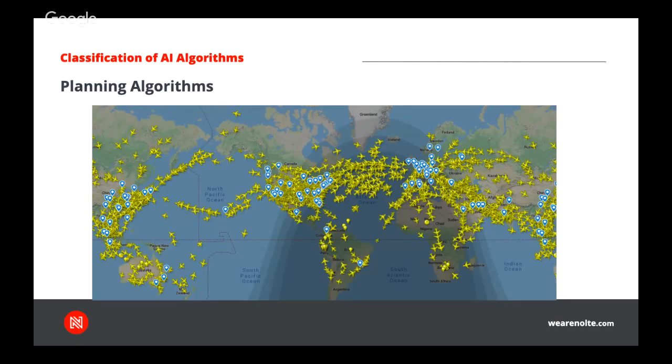On the other hand, we have the planning algorithms. Please look at this image because it still amazes me. There are on average 102,000 flights per day in the world. So thank you to planning algorithms.